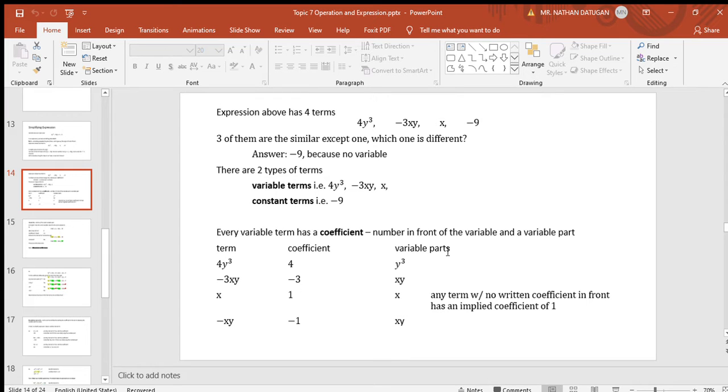The variable part is just xy. In x, just because there's no number in front of it doesn't mean we don't have a coefficient. A coefficient is implied there, that is basically 1. And then the variable part is just x, so you're not going to put 0 as your coefficient, it has to be 1. How about negative xy? Well, the coefficient is negative 1 and the variable part is xy. The last part was just thrown in so I have an example on negatives.